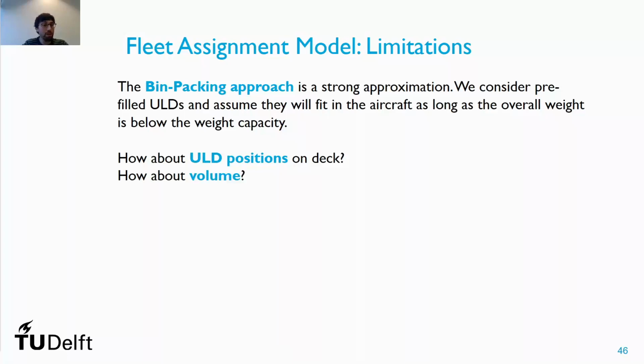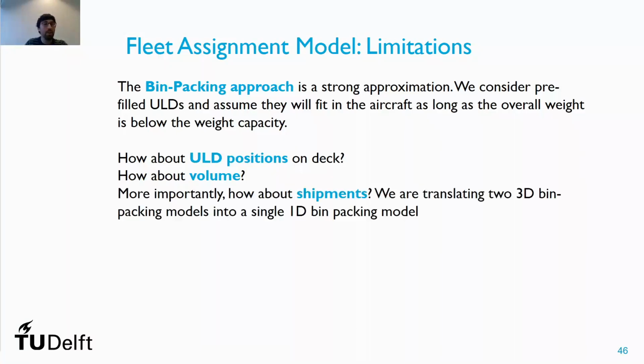How about volume? You might not know that many flights, when it comes to cargo, are volume bounded and not weight bounded. So weight-wise, we might still be in a feasible situation, but volume-wise, we might be trying to carry more volume than the actual volume available in the aircraft.